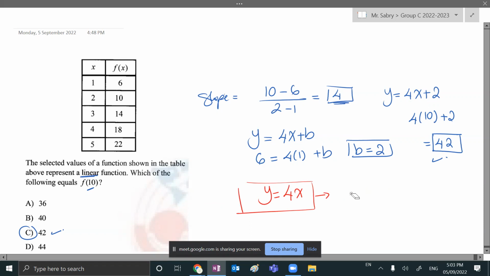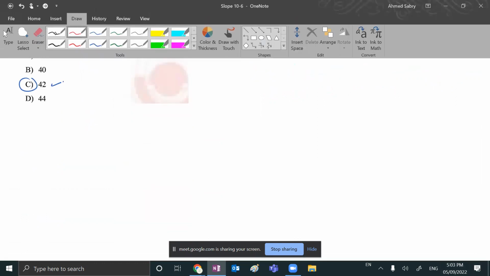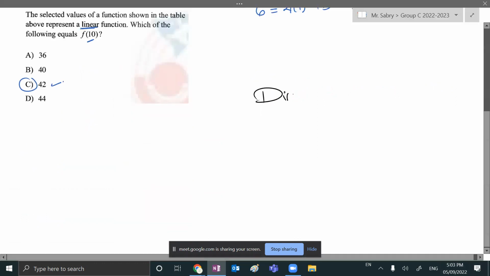Which actually brings me to the point of discussing direct and inverse variation. Whenever we say directly varied or directly proportional, the form should be written this way: y equals kx. These are direct variations.